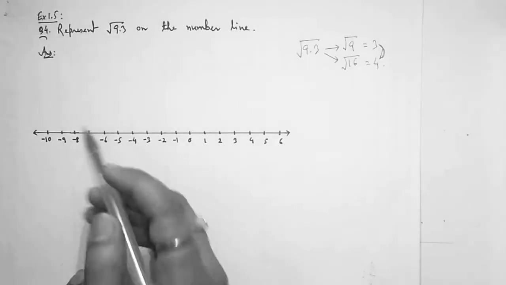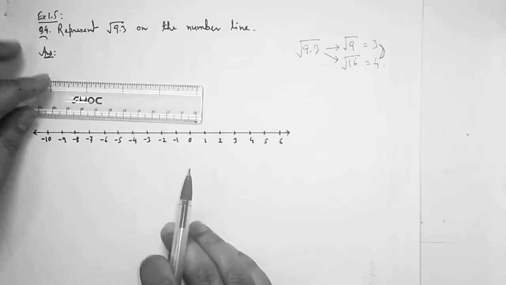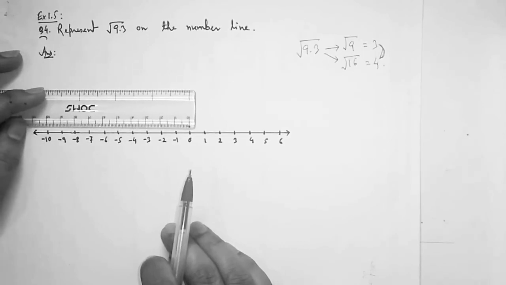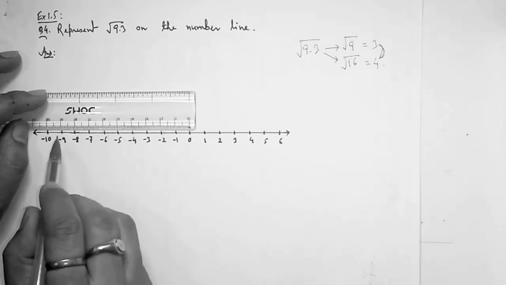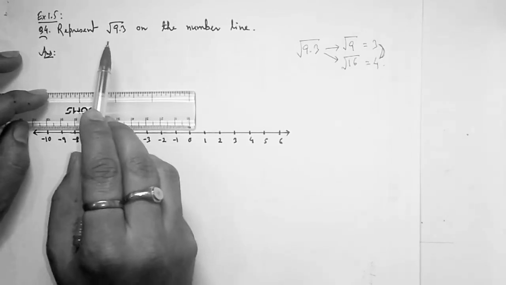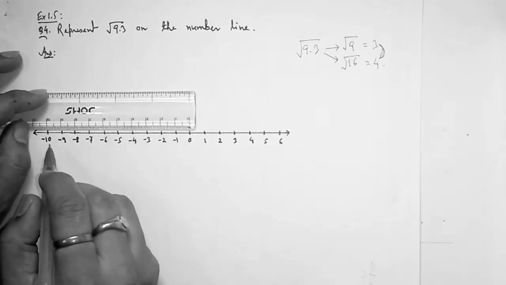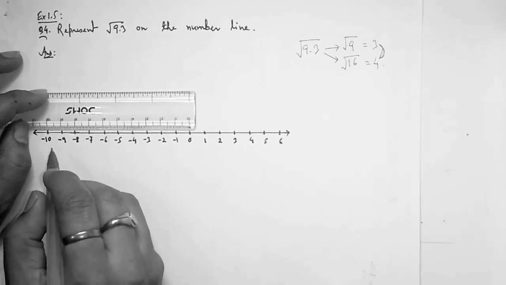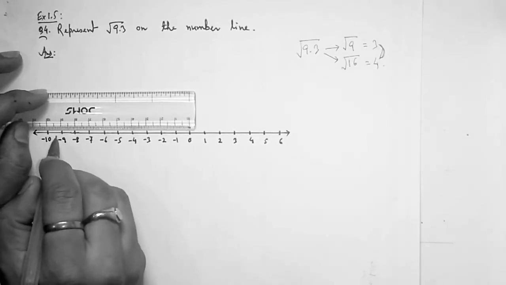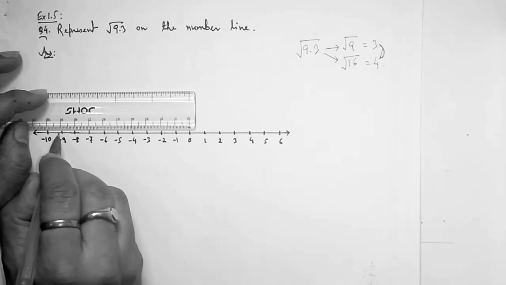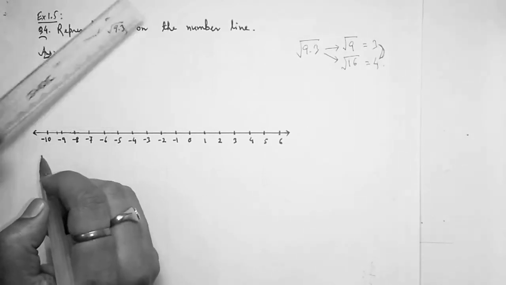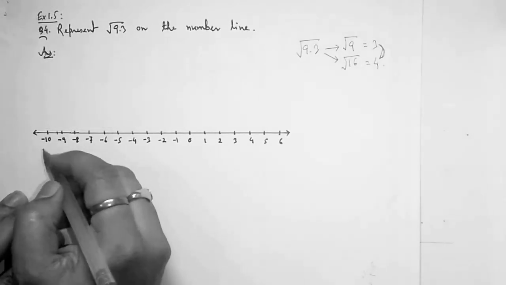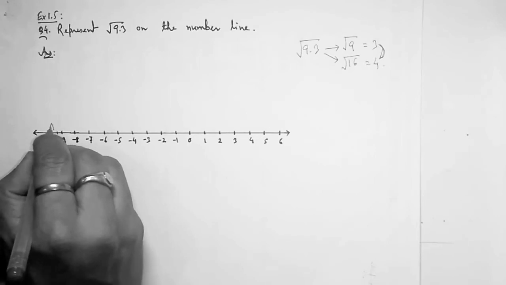Our aim is square root of 9.3, so we'll be plotting the number minus 9.3. This is minus 9, minus 9.1, minus 9.2, and this is your minus 9.3. Mark this point as A.